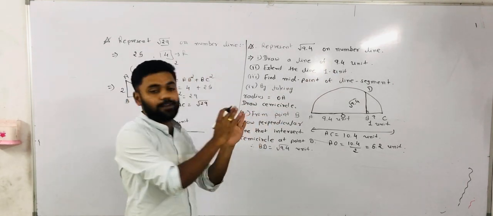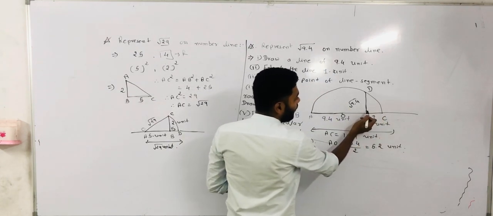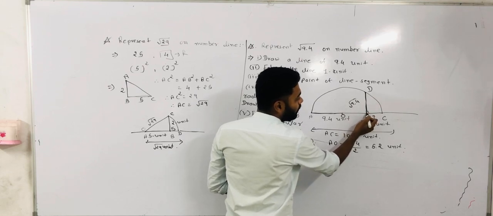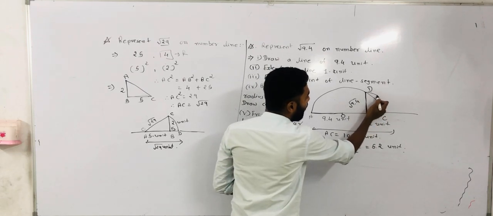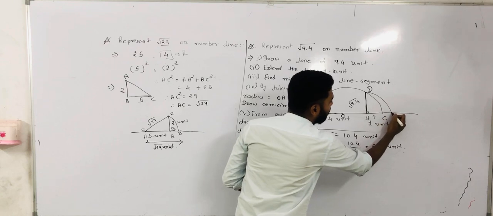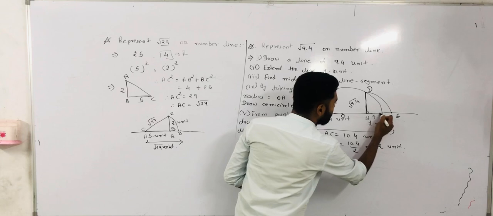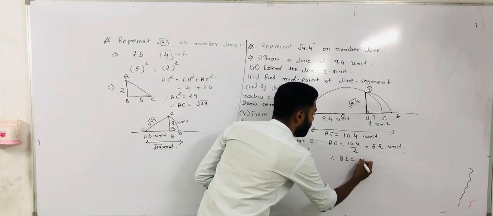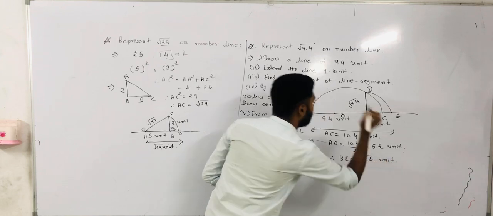But we want this distance on the number line. So simply, by taking arc length equal to BD, put your compass at point B. By taking radius equal to BD, draw an arc that cuts the line segment at point E. So the distance BE will be under root 9.4 unit.